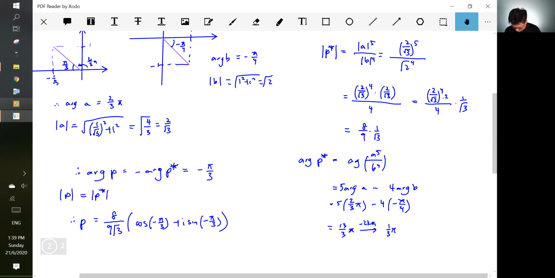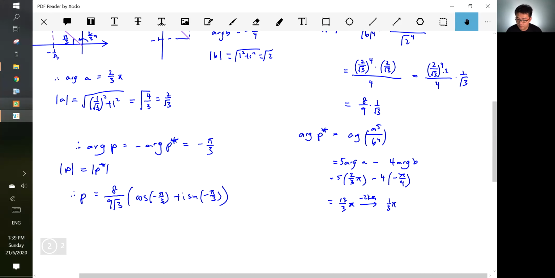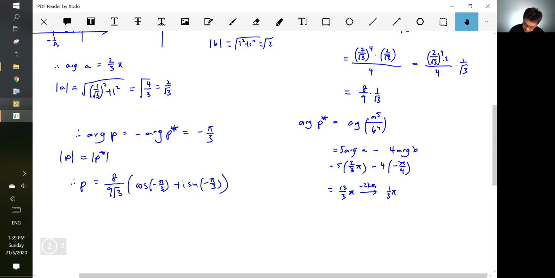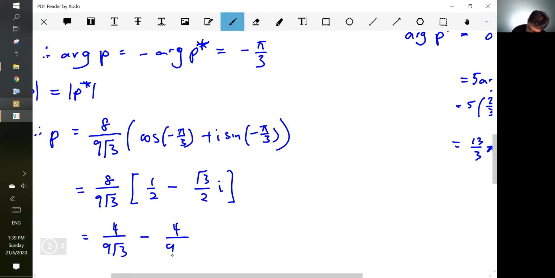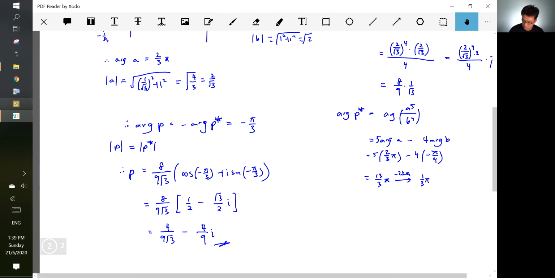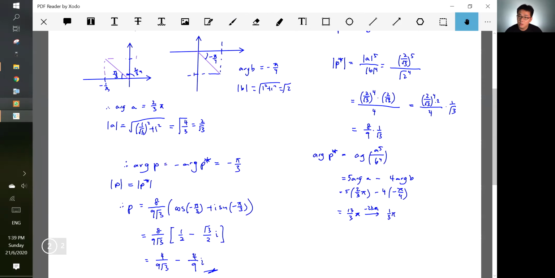Cosine negative 60 will be half. Yeah, there you go.